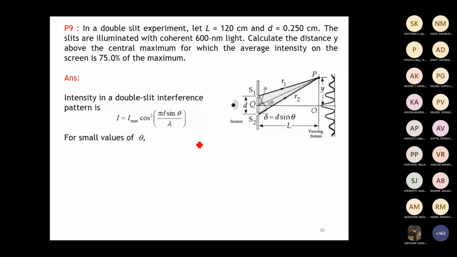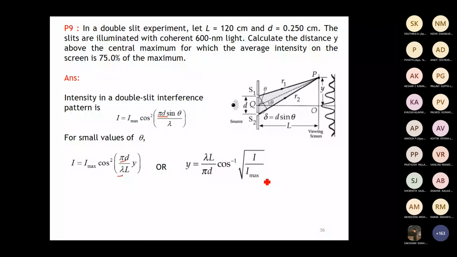We can write this expression as y equals lambda L by pi d cos inverse of square root of I by I max. It's already given that you have to calculate the distance y above the central maximum at which the average intensity on the screen is 75% of the central maximum.